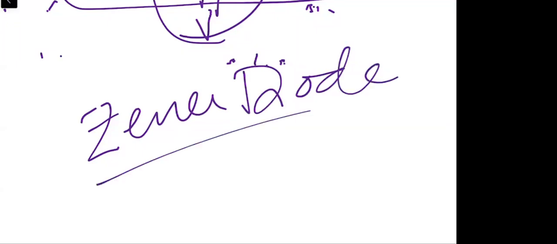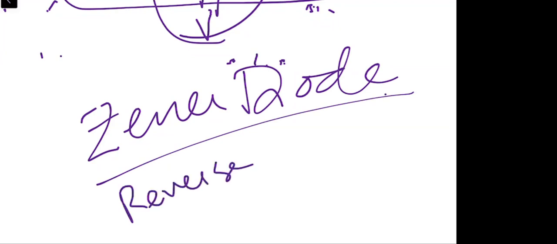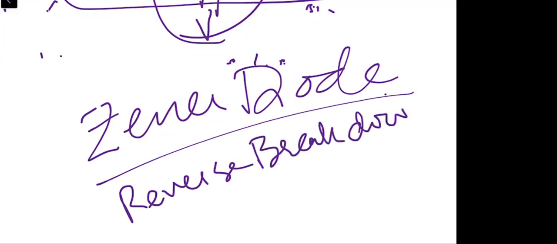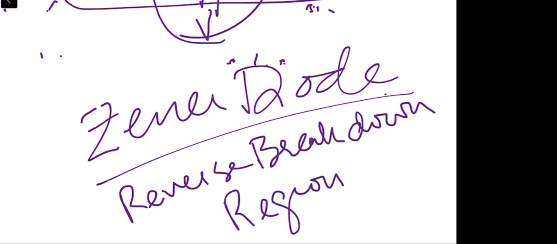Zener diode, right? So the zener diode is specifically characterized to work in the reverse breakdown region. Okay, we will see zener diode later on.